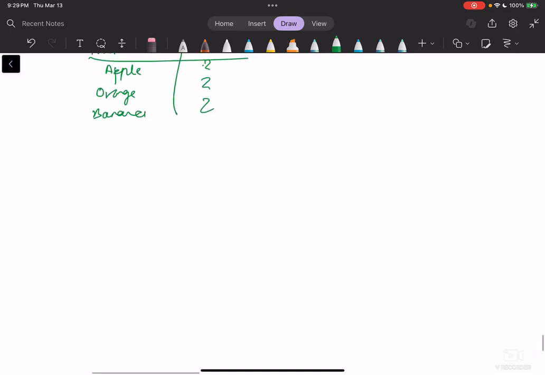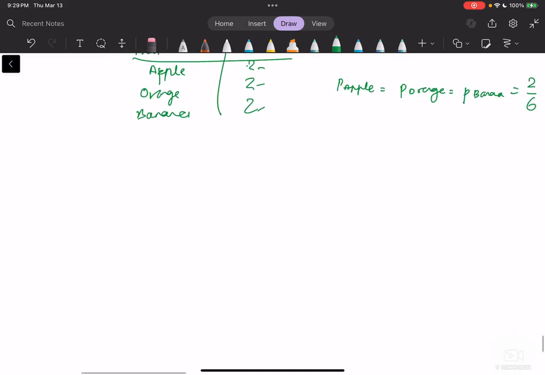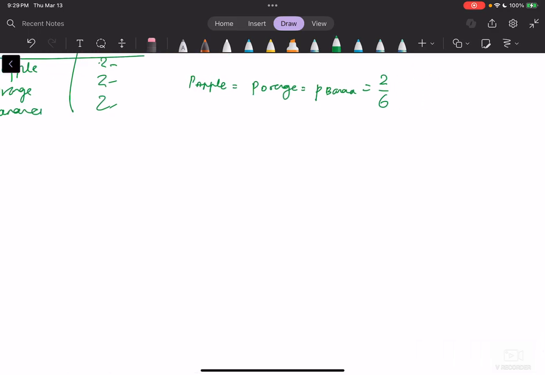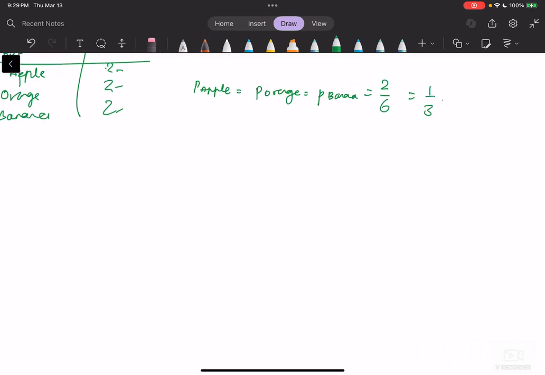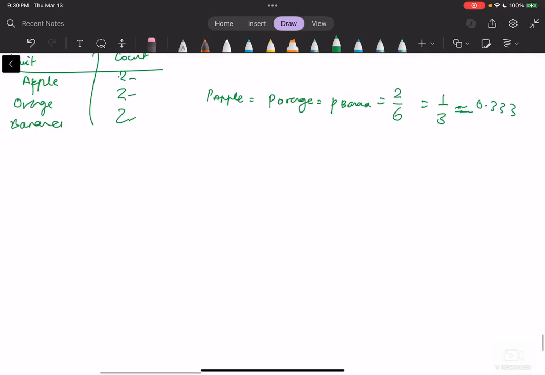So the probability of each fruit, my P apple is going to be equal to P orange. This is not always true, but in our case it's true because there are 2 of each. So that's just 2 by 6, or 1 by 3, or 0.333, right? So that's the probability of each fruit.